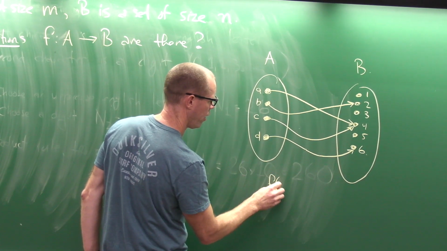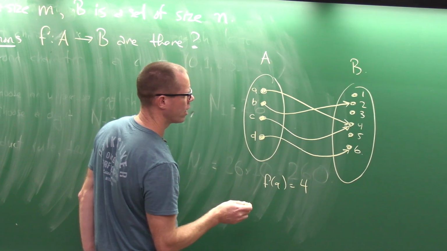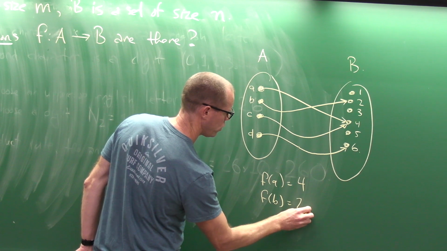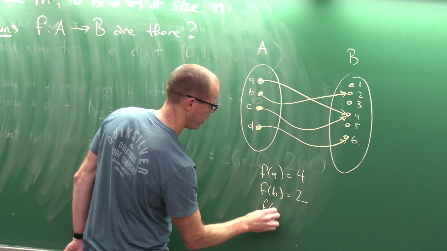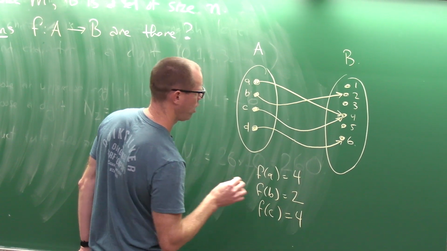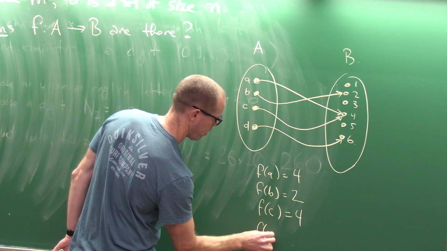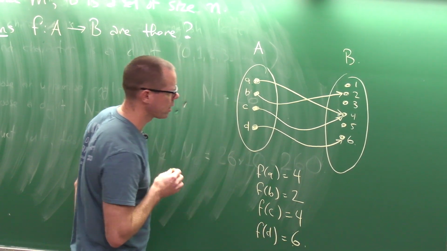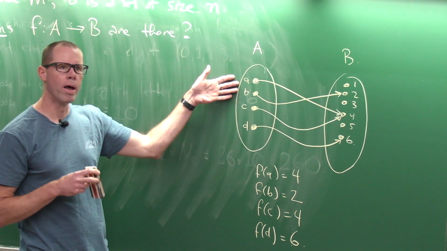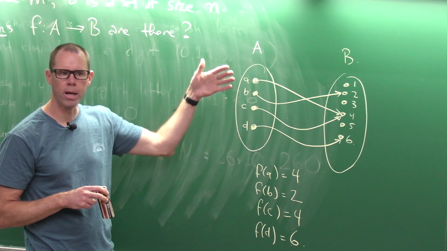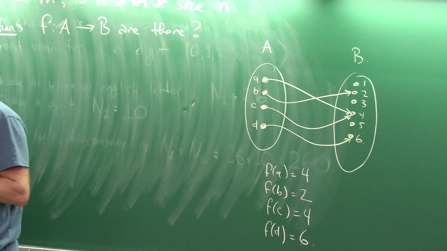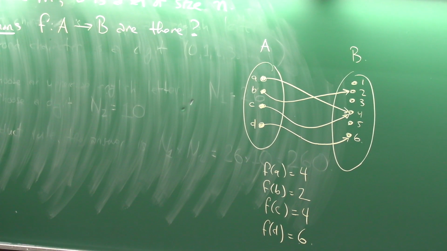So we can write this down longhand: f of A is 4, f of B is 2, f of C is 4, and f of D is 6. Now that's not the only possible function from A to B. That's just one of the many, many functions from A to B that exist. This is just one particular function. And I want to know how many functions are there?